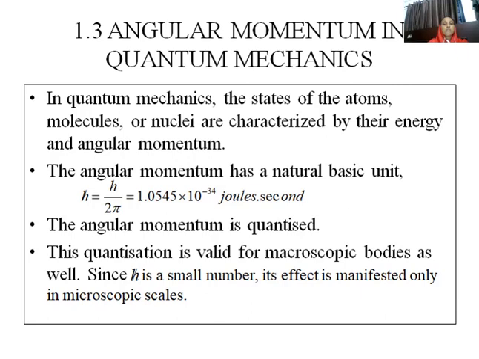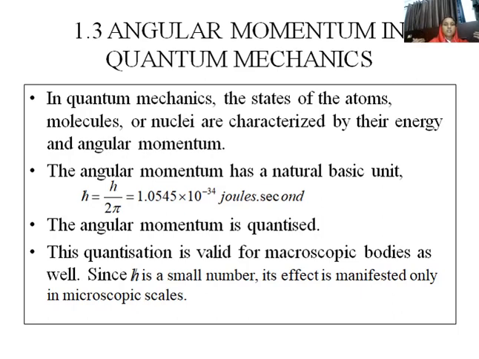Now these are all classical examples. Now we want to check what angular momentum is in quantum mechanics. In quantum mechanics, the states of atomic, molecular, nuclear, or microscopic systems are characterized by energy and angular momentum.